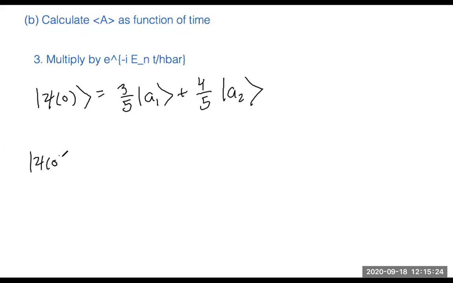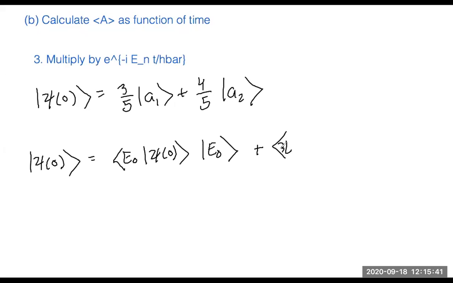So psi naught would be equal to E naught times psi of 0 in terms of the E naught state, plus the overlap of 3 E naught with psi of 0, along 3 E naught.